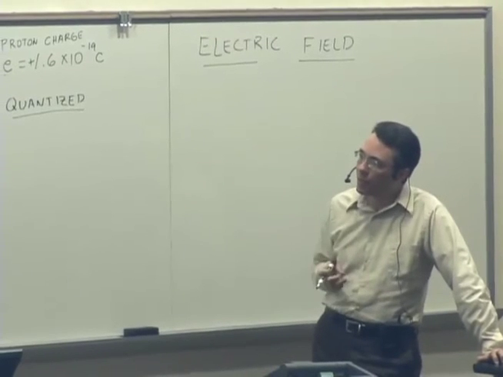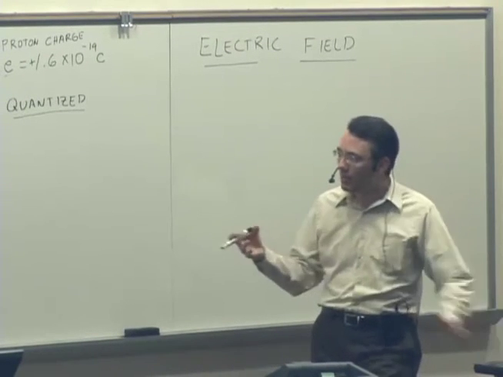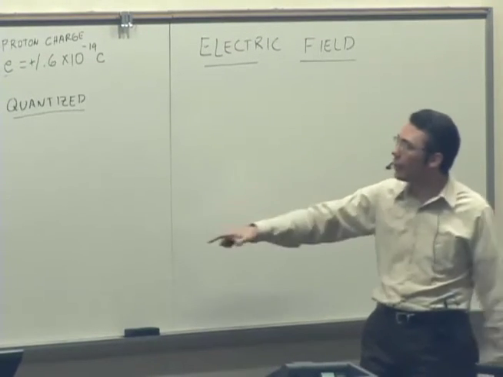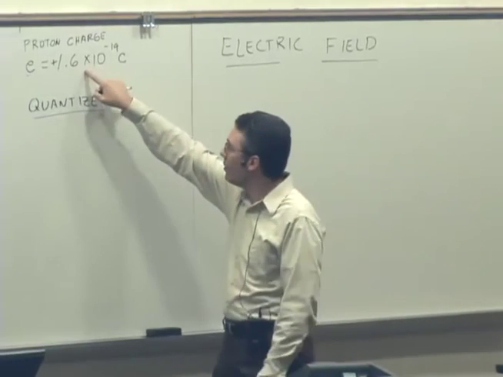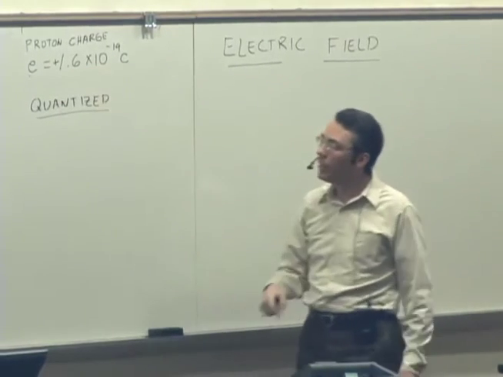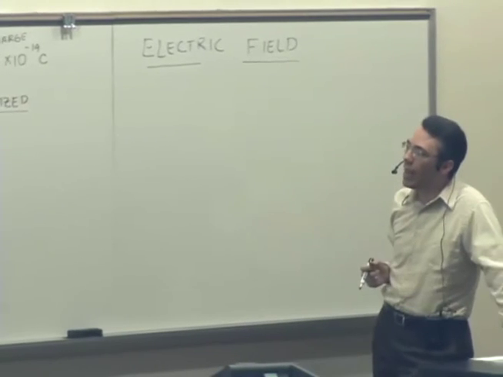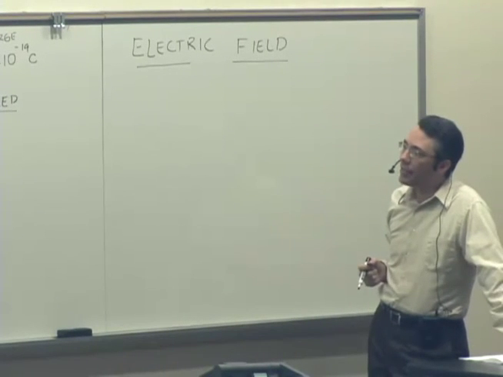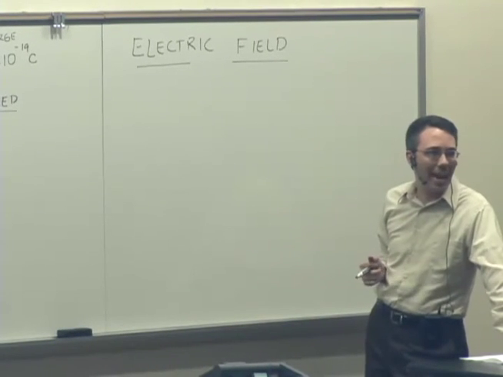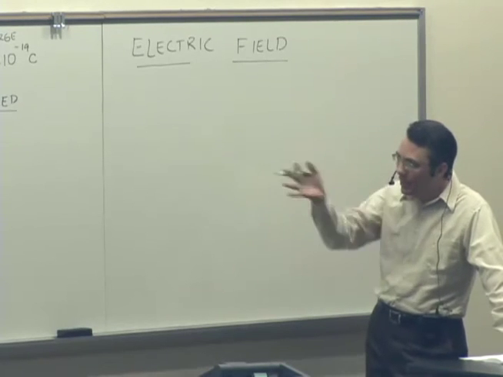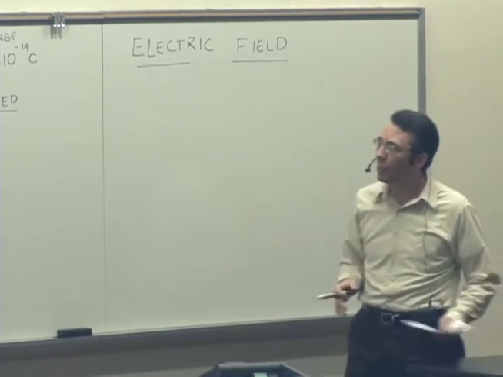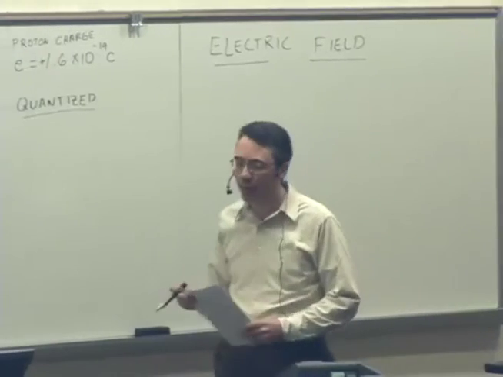They can only bind together in such a way as to make particles with an integral value of e, and isolated quarks, as far as we know, just can't happen. So there are exceptions, but we can't really observe them in nature. We have to sort of infer their existence.